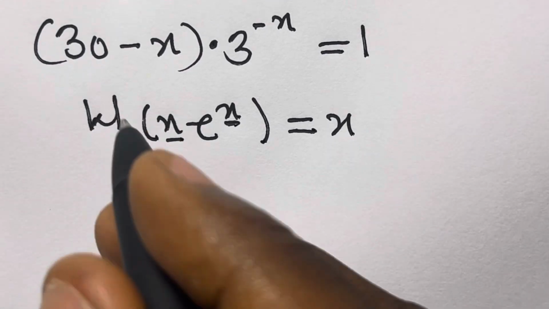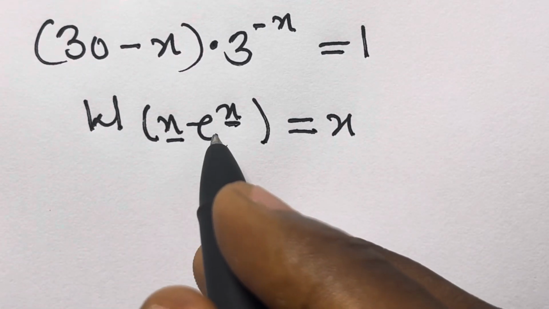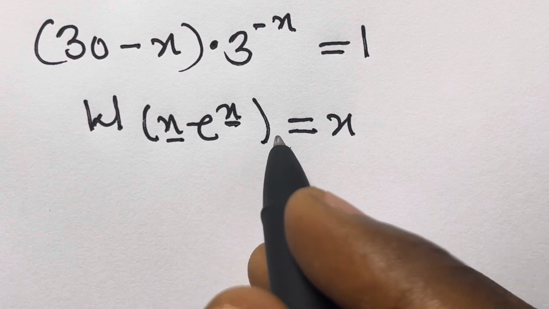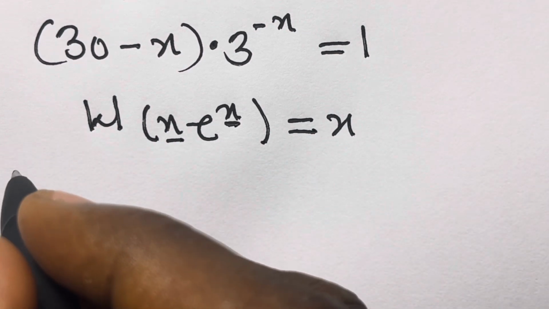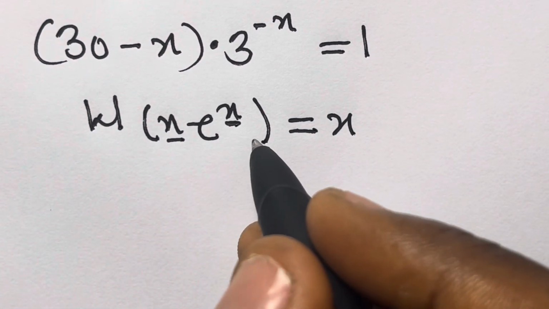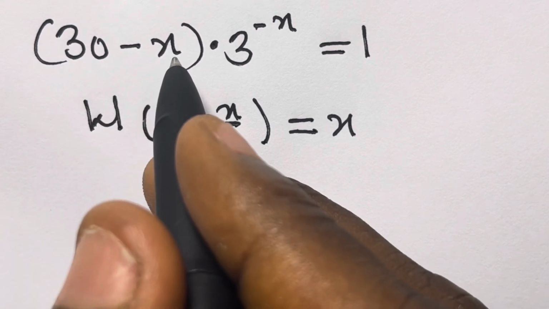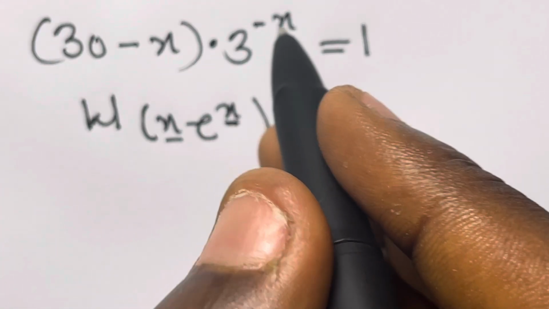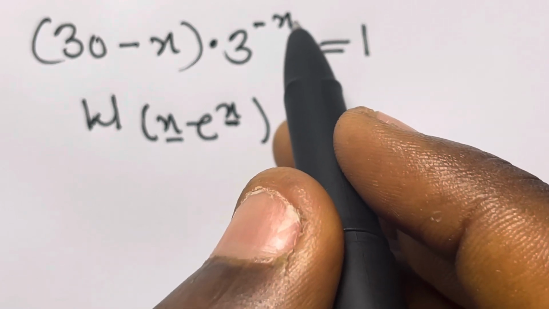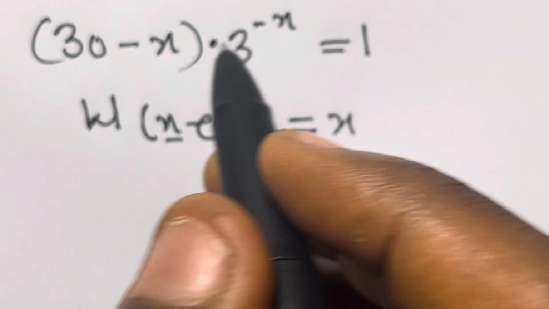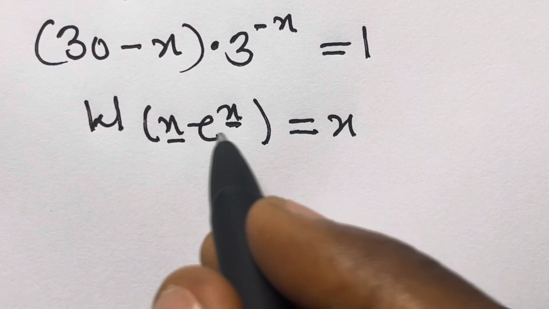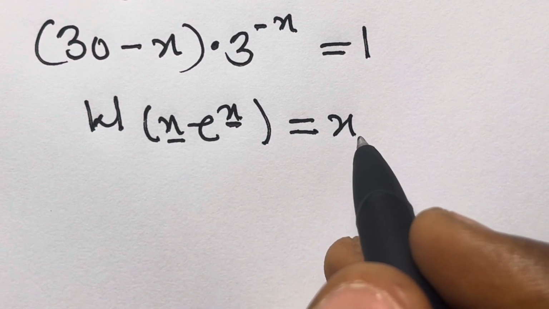So we must make the base and the power the same, and to do that we must have this and this, right? We have 30 minus x here, so we have minus x in the power already, so we must find a way to get plus 30 there. So what do we do? We multiply both sides by 3 raised to the power 30.